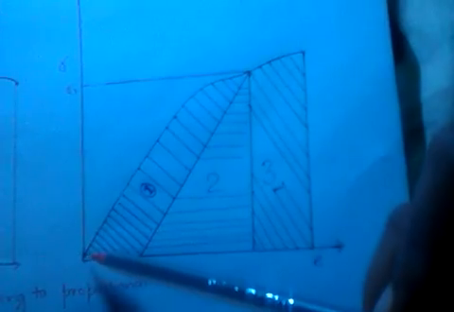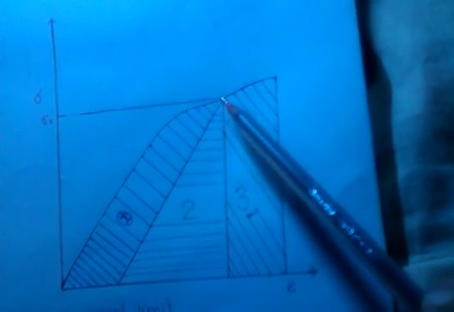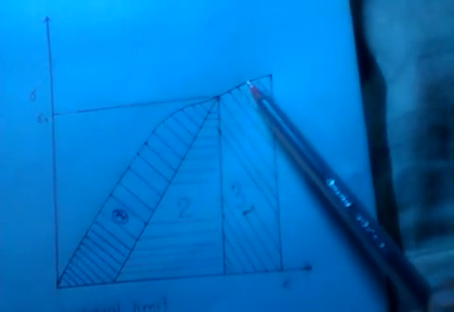In this diagram, what I am trying to show you is that if I have an object under deformable forces, and I apply forces to such an extent that the object starts to undergo plastic deformation, and I keep on increasing the stress till it comes to this point.